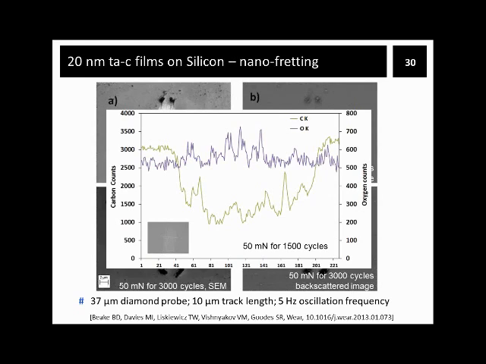This is the EDX spectrum of 1500 cycle test, which reveals thinning of the film and oxygen incorporation in the worn region. What is interesting is that there was no abrupt changes in depth or friction observed in case of these films, which could indicate some sort of surface failure.